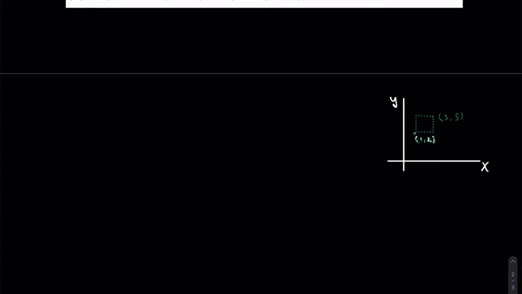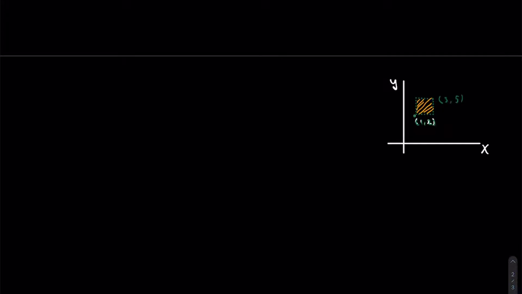This area is exactly what we're talking about here. So these 2 points, (3, 5) and (1, 2), have a signed area that they make up given by this rectangle. And this is what we are going to consider in this problem.